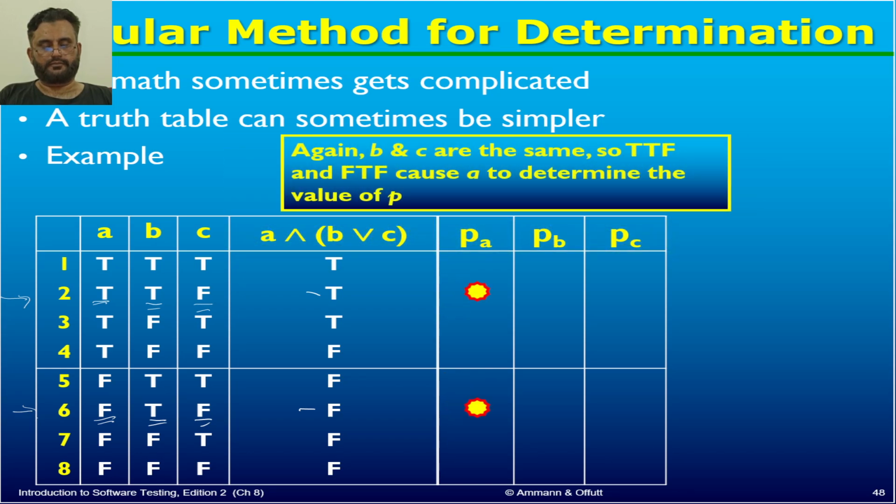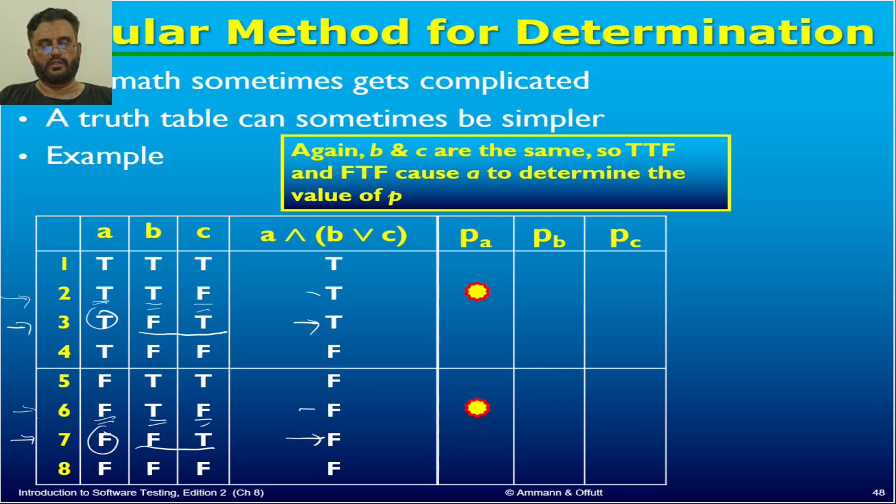Now you can repeat the same thing with row 3 and row 7. Here A changes from true to false, the minor clause values are F and T, and the predicate has changed from true to false. Therefore the change in A in these tuples, from true to false, is actually making the predicate change from true to false.